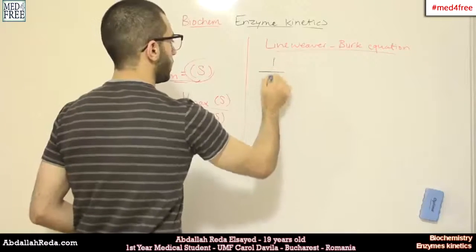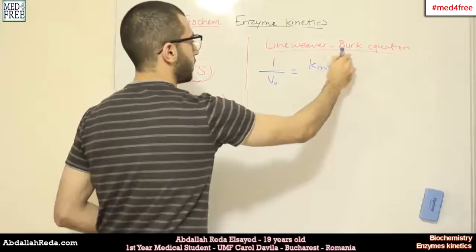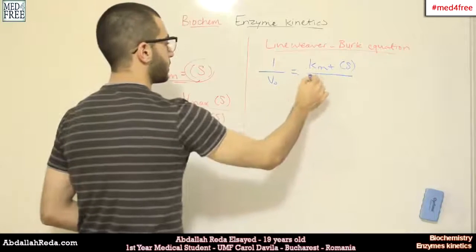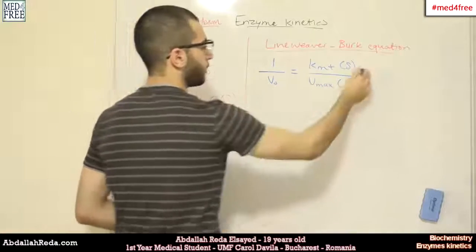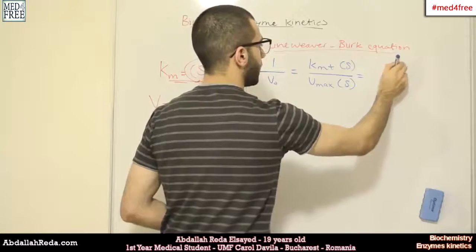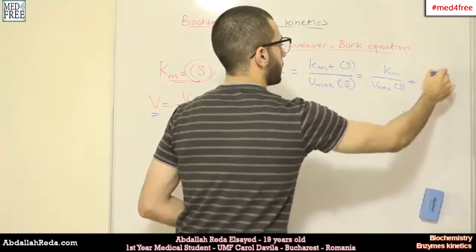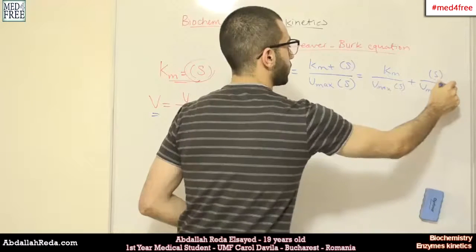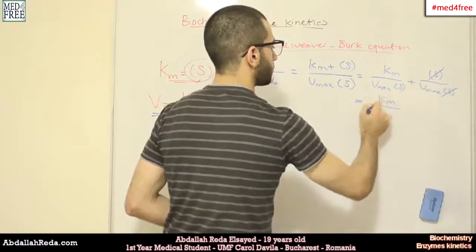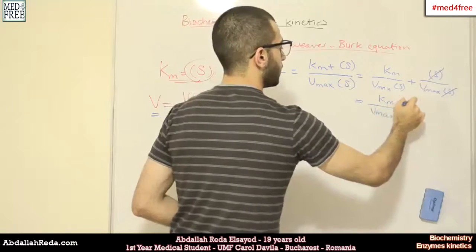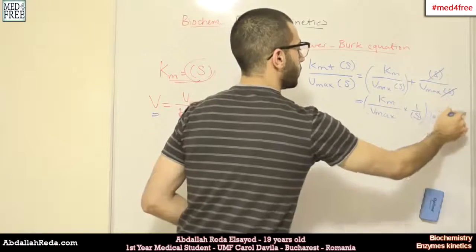So instead of this, we have 1 over V naught, which equals the reciprocal, Km plus S divided by Vmax multiplied by S. If we spread this, we'll have Km over Vmax multiplied by S, plus S over Vmax multiplied by S. These two will cancel, and finally we'll have Km divided by Vmax multiplied by 1 over S, plus 1 over Vmax.